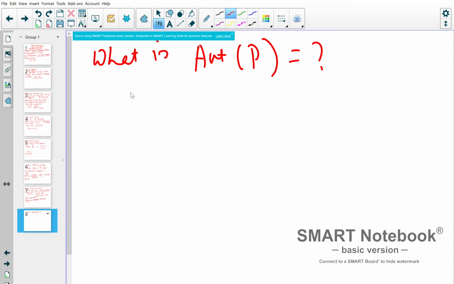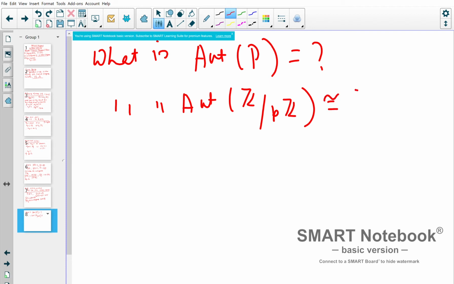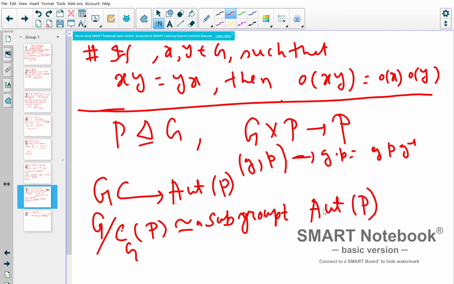I am asking what is the automorphism group of Z/pZ, right? Because P is a cyclic group of order P, so this is nothing but Z/pZ, and we already know this is isomorphic to Z/pZ star, the coprime classes modulo P, right? And hence we know the cardinality is P minus 1, right?